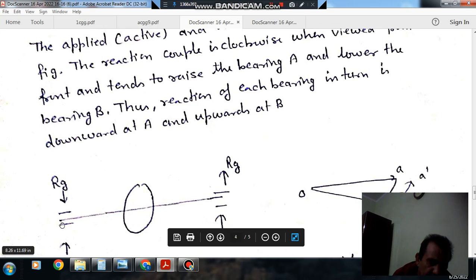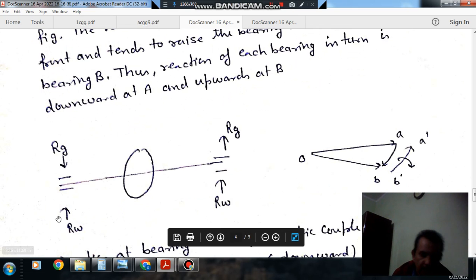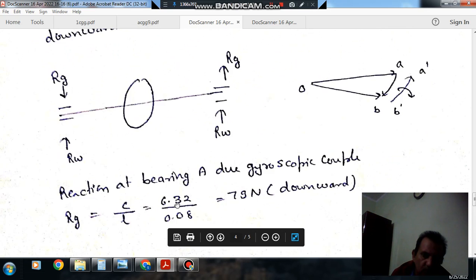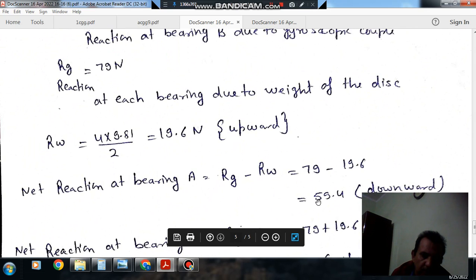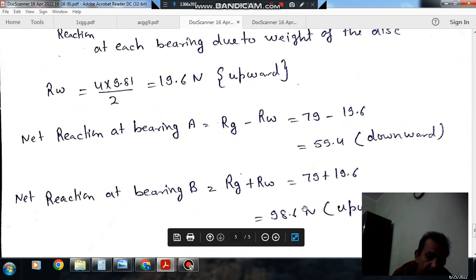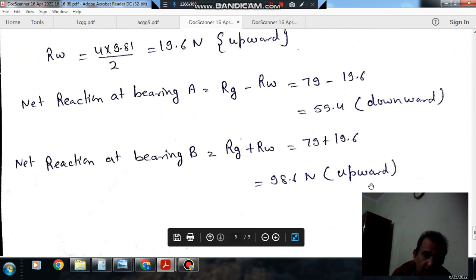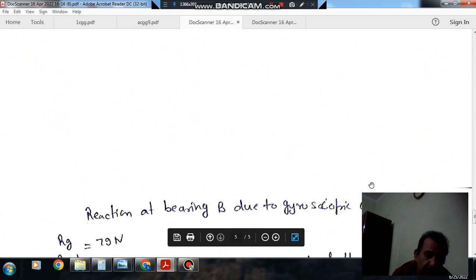And then this will touch the bearing, so the reaction provided will be in downward direction. And due to weight, the reaction will be same, that is in upward direction. So answer should be 59.4 downward on bearing A, and 98.6 upward on bearing B.